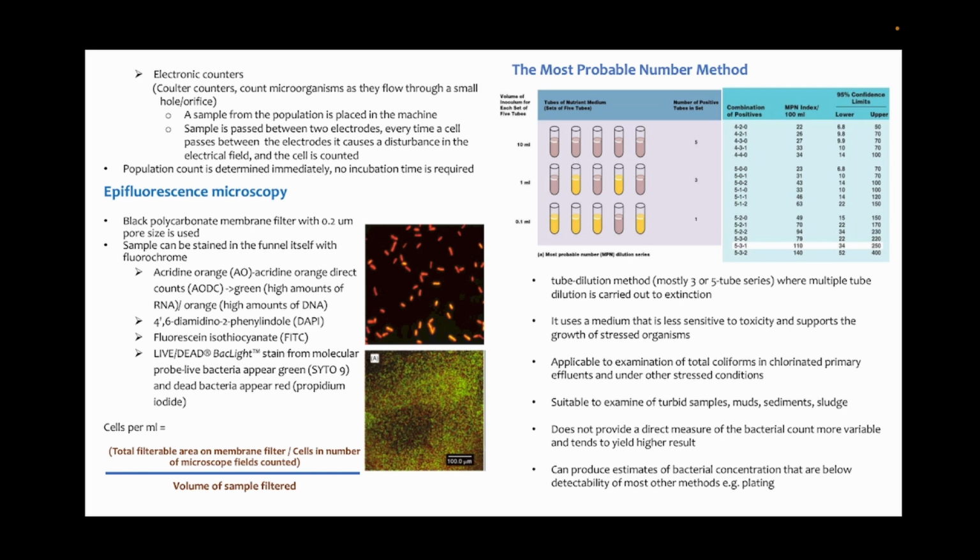Okay, so the fluorochrome that you can use can be acridine orange, you can have DAPI, 4',6-diamidino-2-phenylindole. You can have FITC, you can have a lot of different kinds of fluorochromes. So there are many different kinds of fluorochromes.